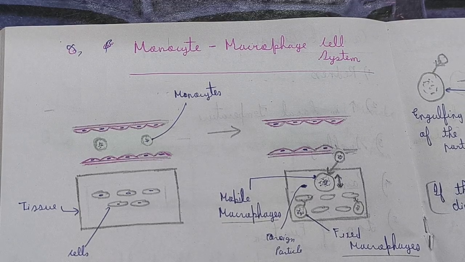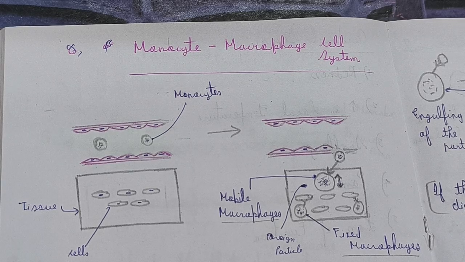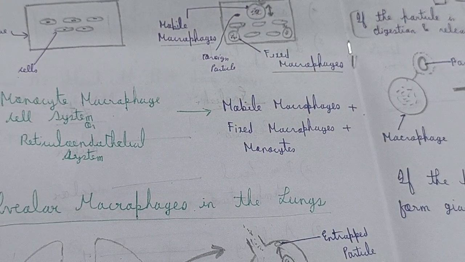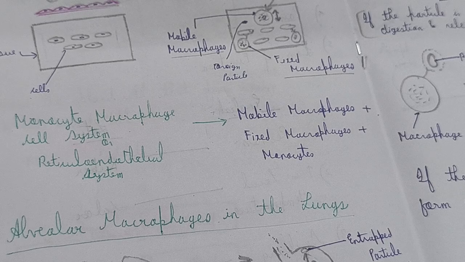Now I am going to write what a monocyte macrophage cell system, or reticuloendothelial system, is.